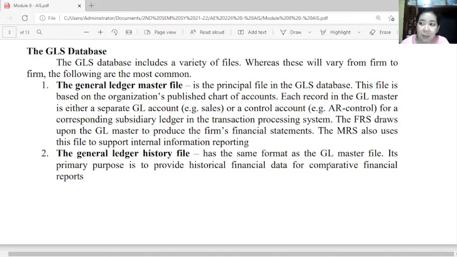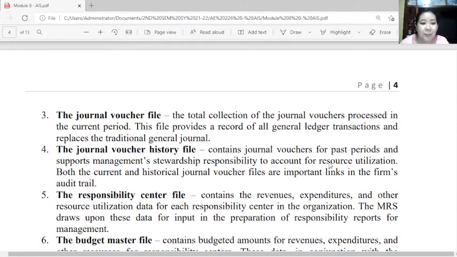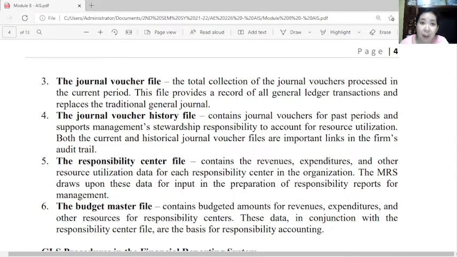Historical means this is data that is stored in the database which corresponds to a prior accounting period. Again, the purpose of this is for comparative financial reports to determine trends or even for financial analysis purposes. Okay, so the third is our journal voucher file.